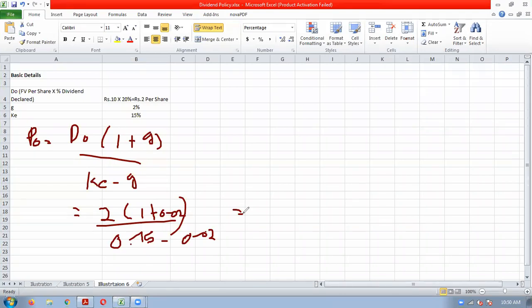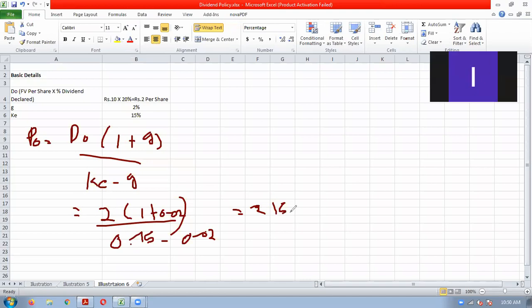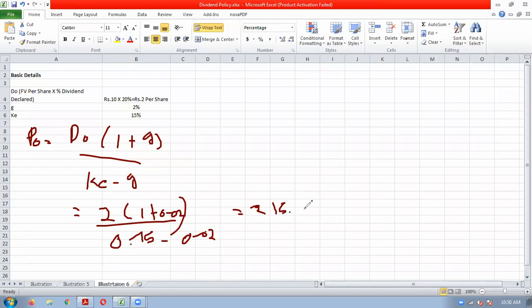Everybody solve fast. 2 into (1 plus 0.02) divided by 0.15 minus 0.02, divided by 0.13. So the market price per share will be how much? 15.69. 15.69 per share.